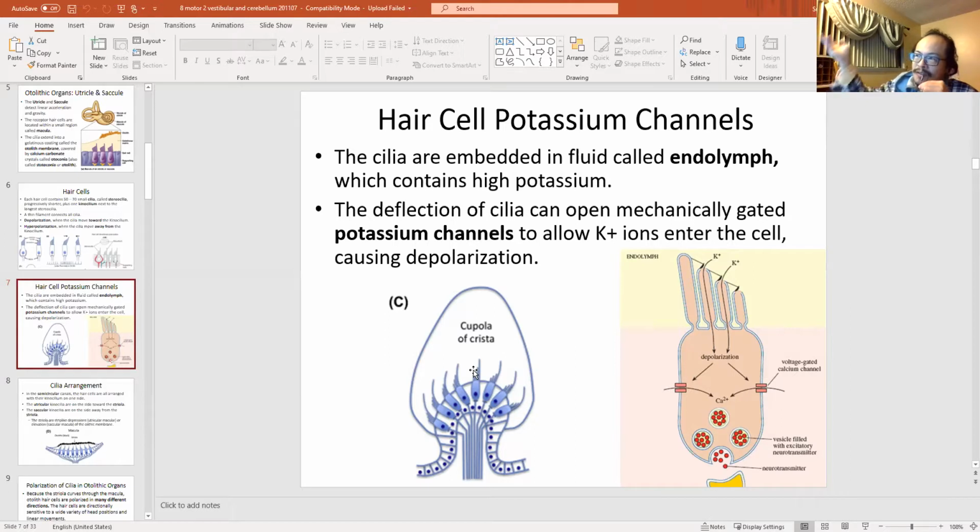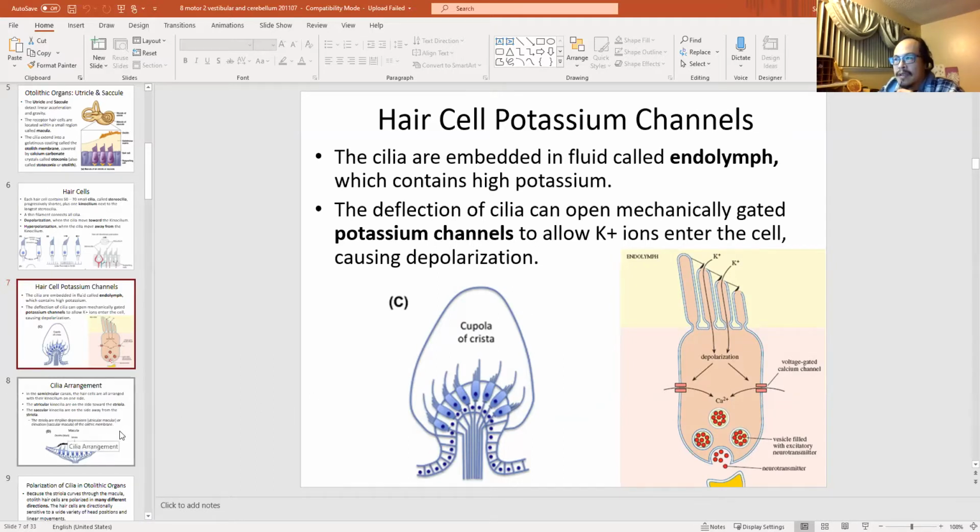So if the head rotates to one side, it can cause depolarization; rotate to the other side, it causes hyperpolarization. So the brain will know, just by receiving this action potential increasing or decreasing, which direction the head is rotating to. So this is the semicircular ducts.